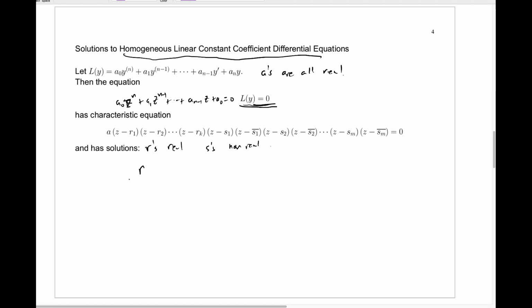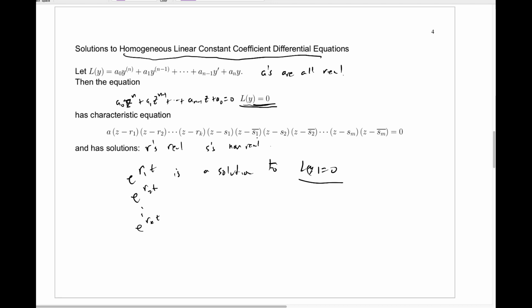So that tells me that e to the r1 t is a solution to the differential equation L of y equals 0, since r1 is a root. And the same will be true for e to the r2 t through e to the rk t. We'll have all of these solutions, which are just regular old exponential functions, e to a real constant times t, and those will all be solutions to our homogeneous differential equation.